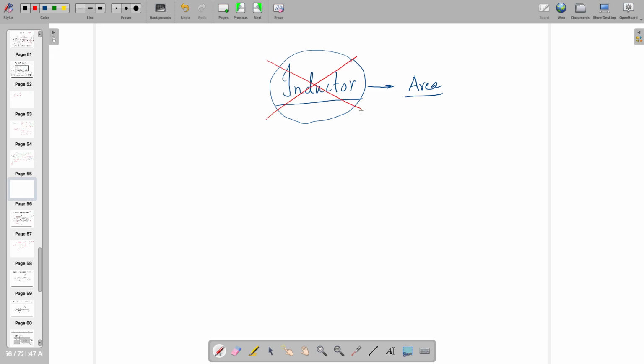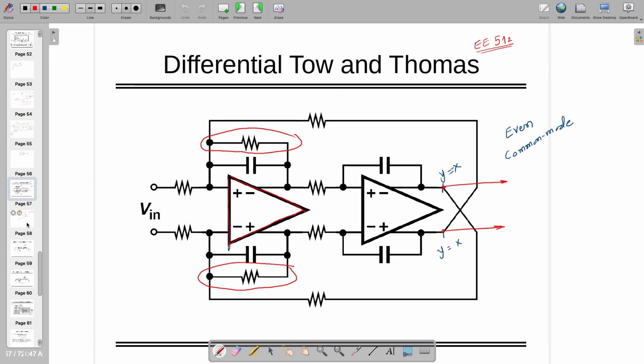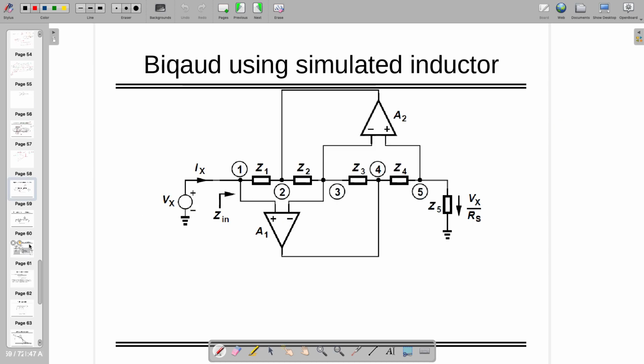So to avoid that, there is one technique given by the same Bikweed guys, Tow Thomas. They said I will realize inductor using some different impedances. Those impedances might be a combination of capacitor and resistor, but you can make the inductor.